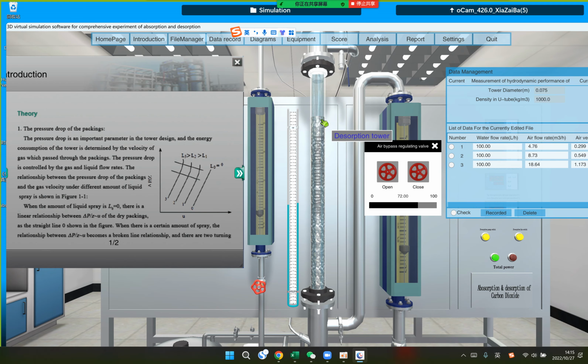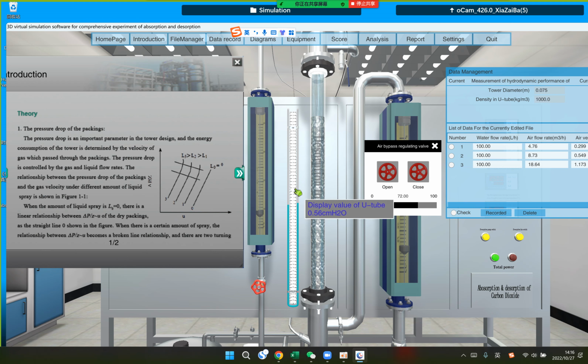In some cases, there should be water holding in the packings. In that case, it is a loading point.